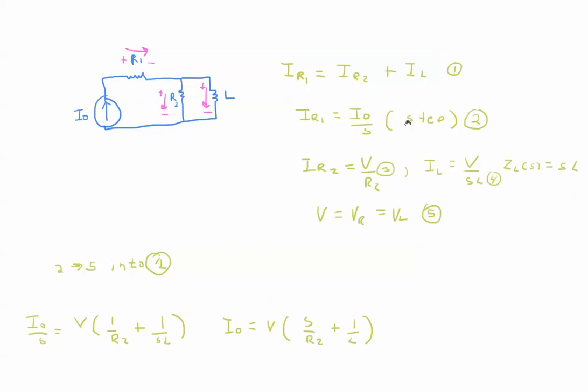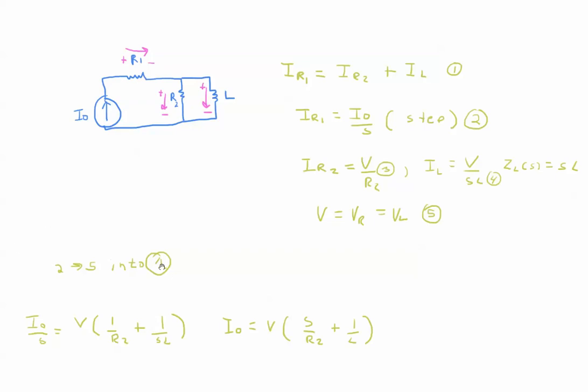When that switch opens, it's like a step, but instead of a step voltage it's a step current scaled by I naught. What is the current through R2 in Laplace? It's just V divided by R2. What is it through the inductor? V divided by SL, remembering that the impedance of the inductor is SL.